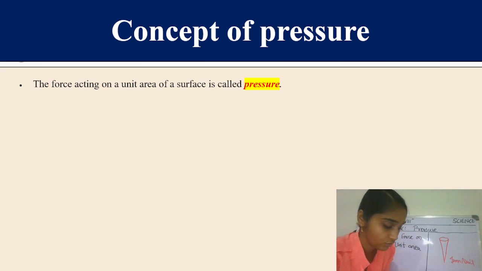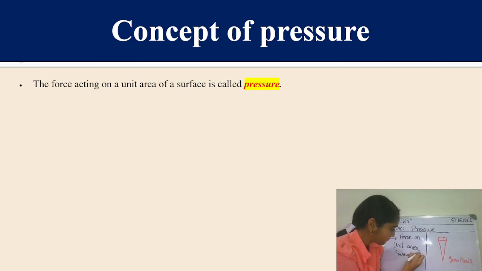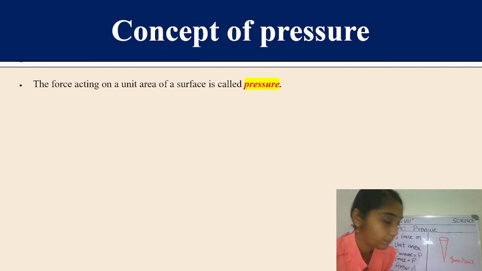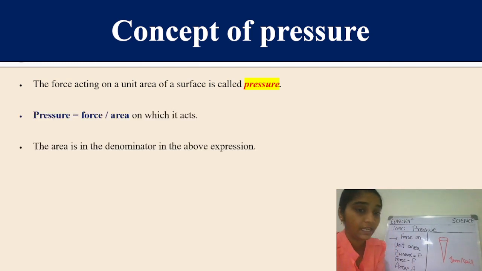Now students, if you have to write pressure in terms of a formula, how will you write it? Let us represent pressure by P, force by F and area by A. Since force acts on the unit area, the pressure comes out to be force per unit area.